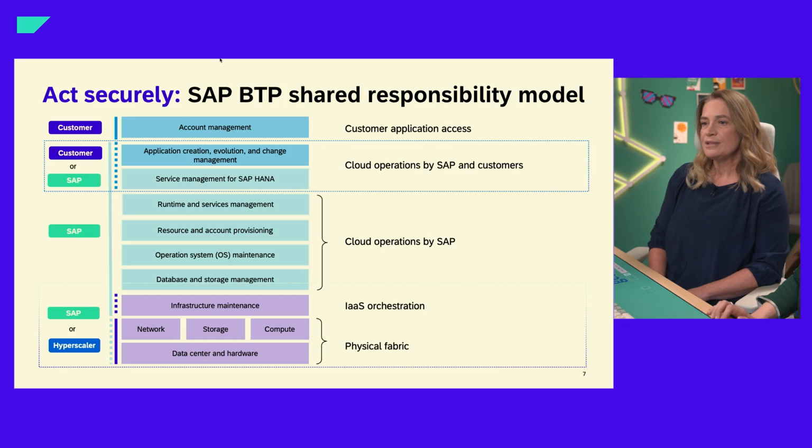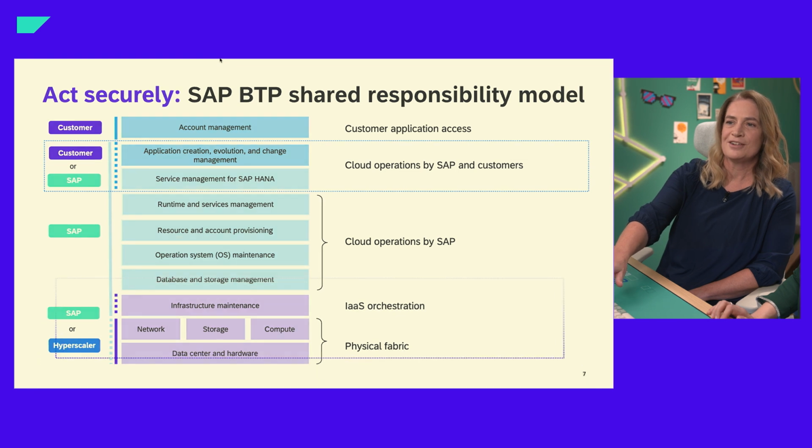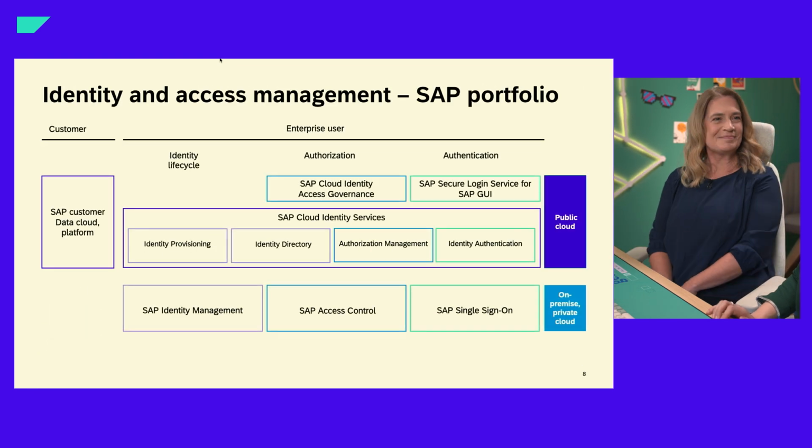And specifically, if you develop your own applications on BTP, the management of your own applications is also up to you. If these are applications that SAP develops and provides, of course, that is up to us. But this shared responsibility model is a very important part of running secure applications in the cloud. And with that, we will zoom into identity and access management.